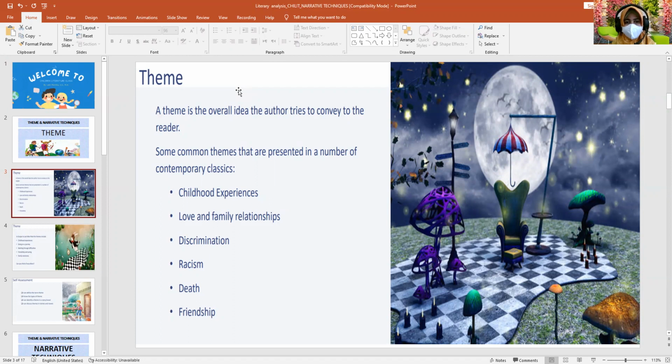The theme is the overall idea the author tries to convey to the readers. There are some common themes presented in a number of contemporary classics, whether in children's literature or adult literature, like childhood experiences, love and family relationships, racism, death, friendship, and so on.